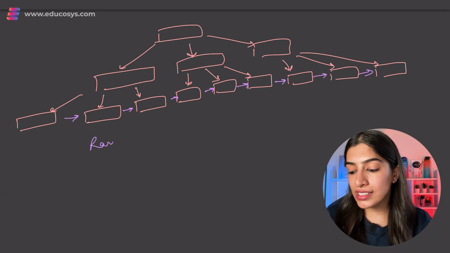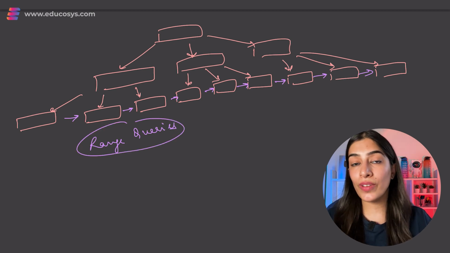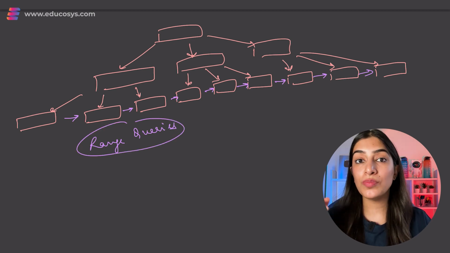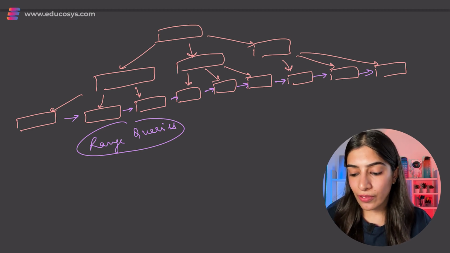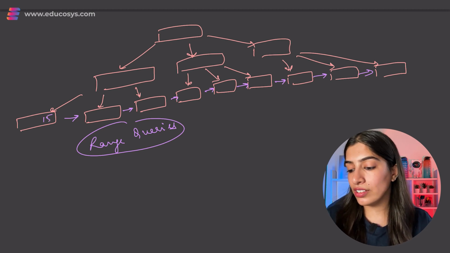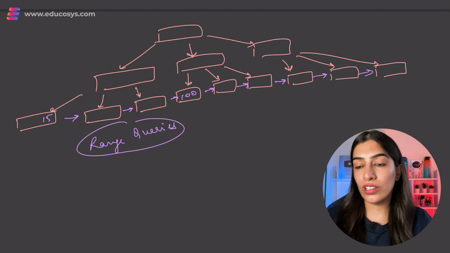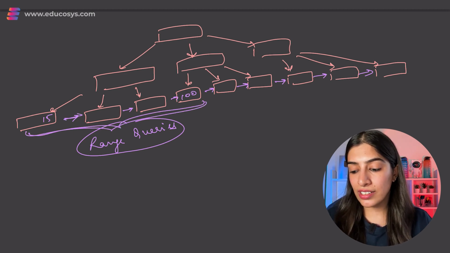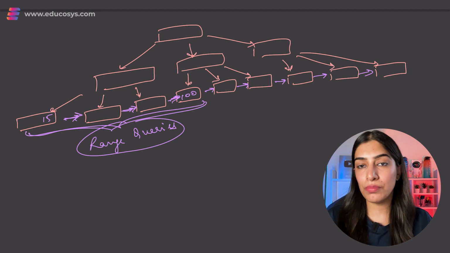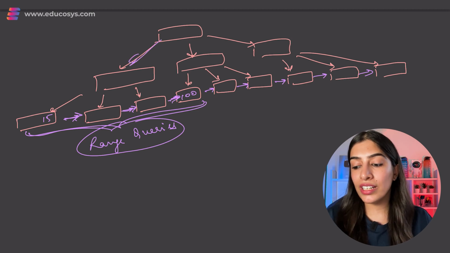In databases, range queries are very common, right? Whenever you need a lot of range queries, B+trees become more efficient than B-trees. Why? Because you can just say, from 15 till 100, give me all the keys, and traverse in a linked list way, in a very easy way. Versus in a B-tree, you would need multiple traversals.